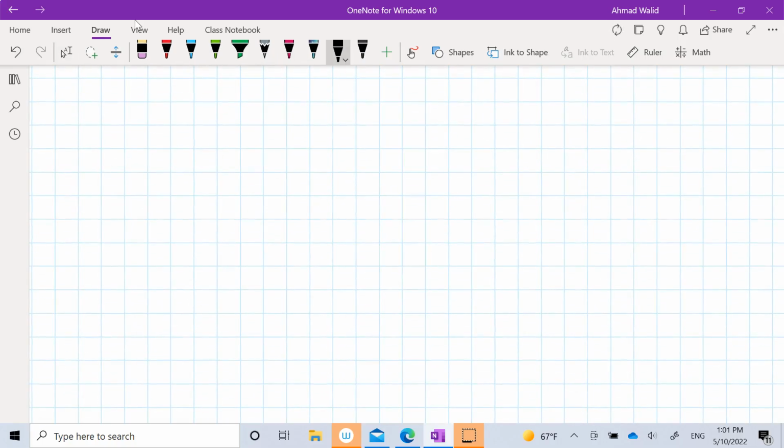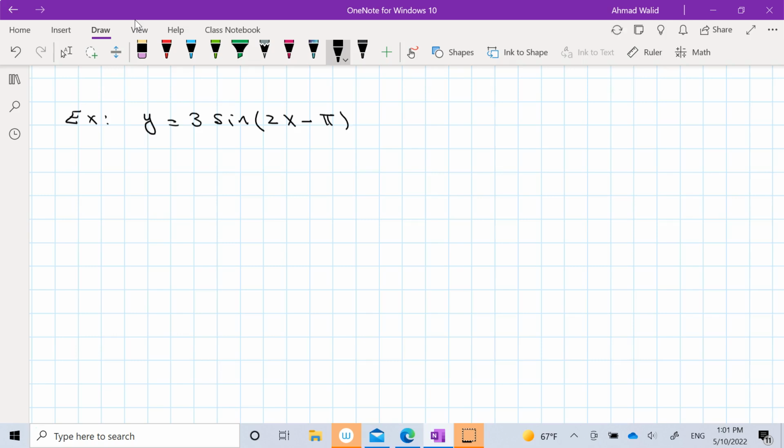Example number 1. Graph y equals 3 sine of 2x minus pi.